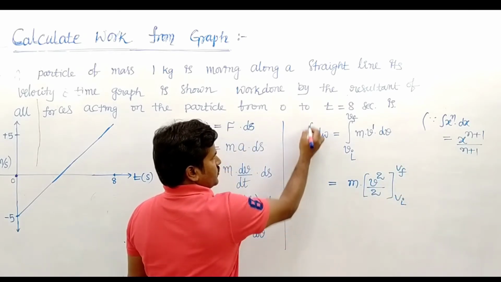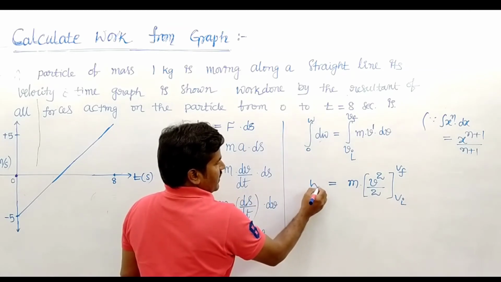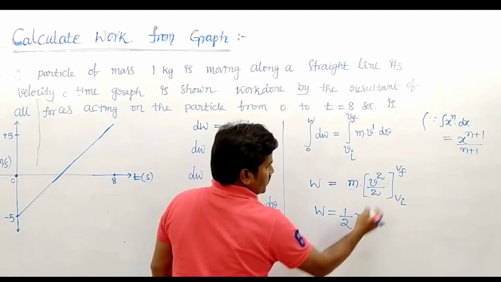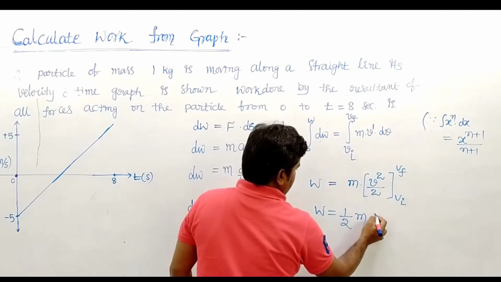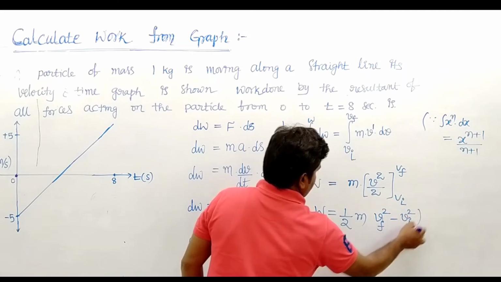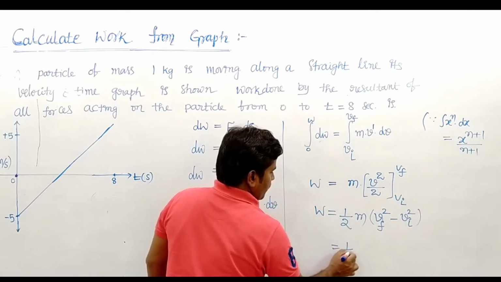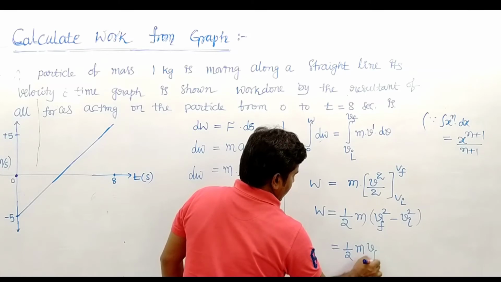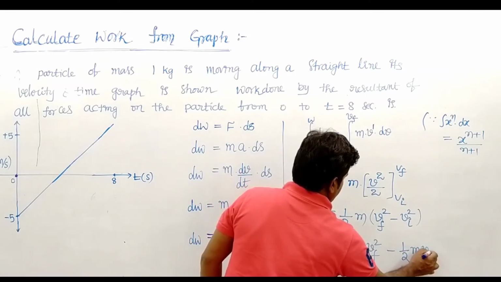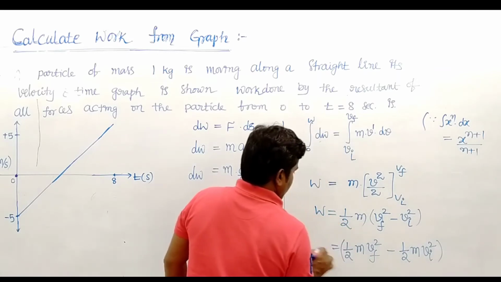This is 0 to W, work. So W equals half into m into v final square minus v initial square. It is written as half m vf square minus half m vi square. This is the work done value.